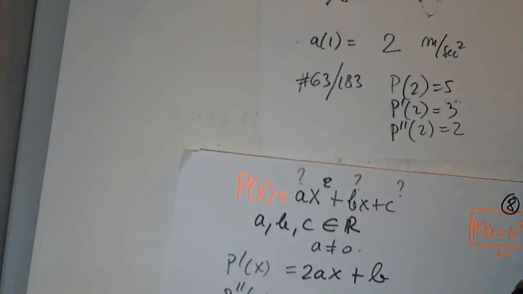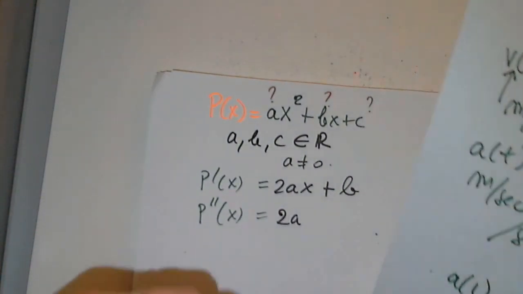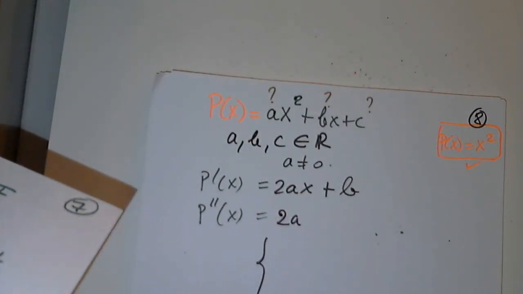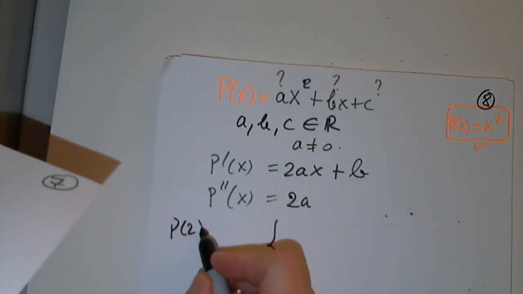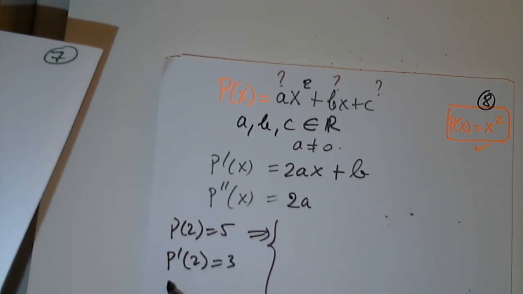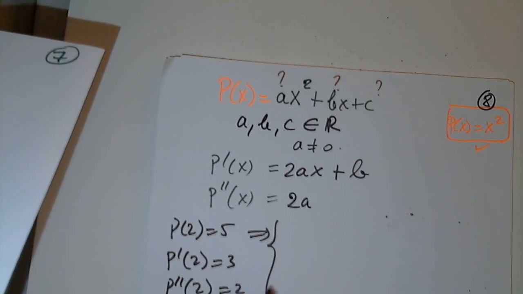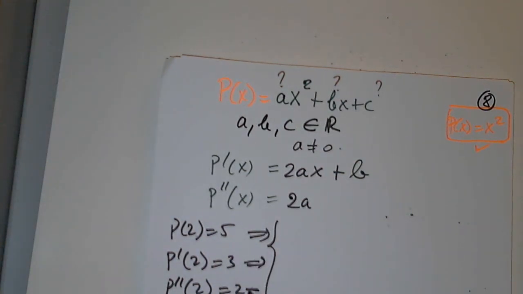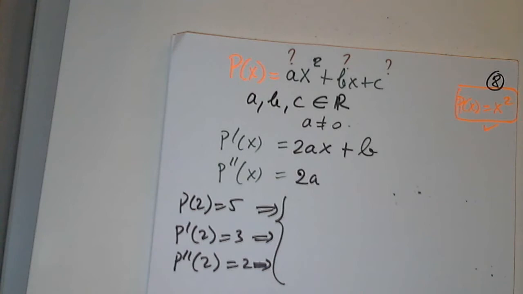So now we have 3 equations to write. P of 2 is 5. Can anyone tell us how to write P of 2 is 5? And then P prime of 2 is 3, and P double prime of 2 is 2. I copied them here so I don't look at that page anymore. Okay? So please dictate. P of 2 equals 5.